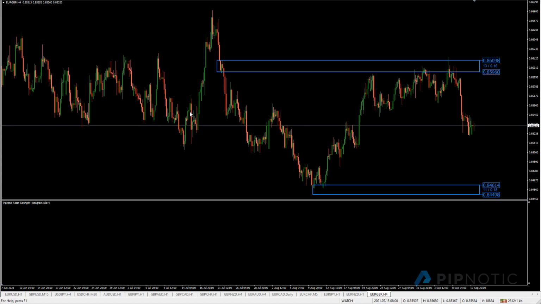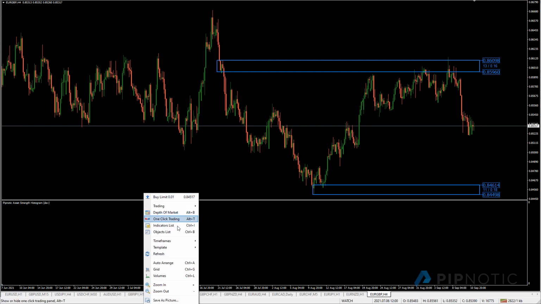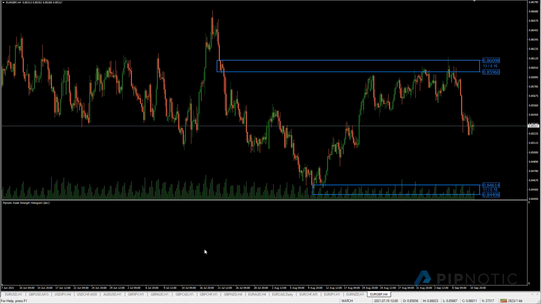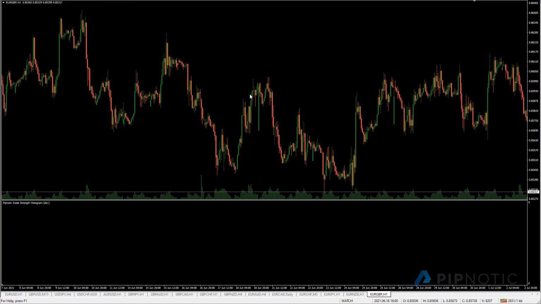But a study was done that confirmed that the tick data, so the number of buyers relative to the number of sellers in the form of volume, if we just turn that on here, volume, there it is, gives us about a 90% accurate reading of the real volume for this currency pair, and that's a pretty good hit rate. While it's not completely accurate, it gives you a very good indication as to what's going on.